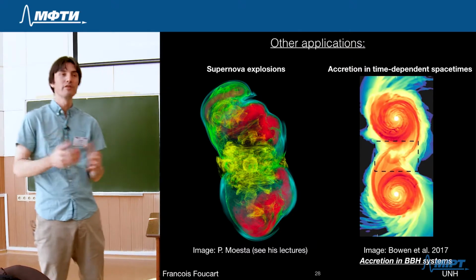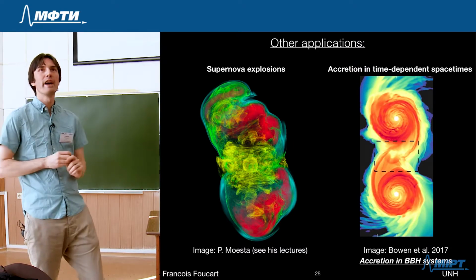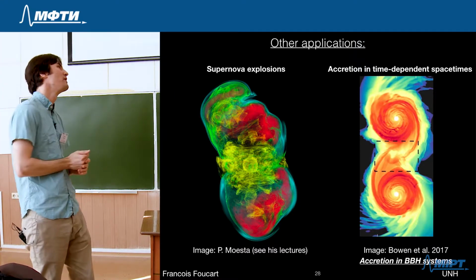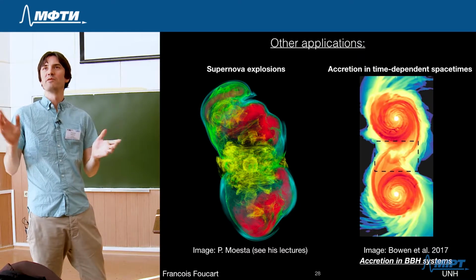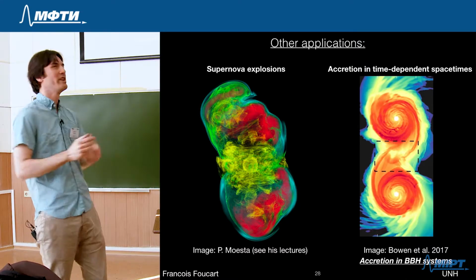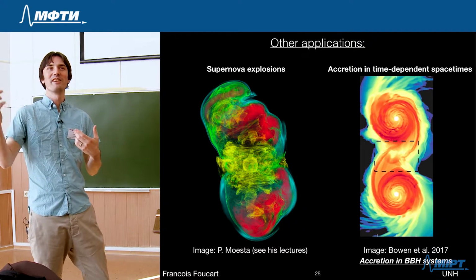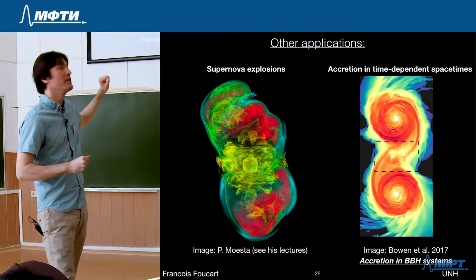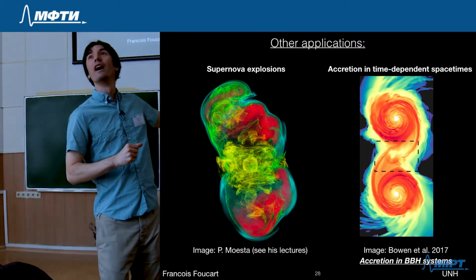If you don't include general relativity, you do get errors in your predictions for which stars do explode and which stars do not. Not that the predictions from simulations are that great at the moment, but we know that there's at least a difference whether you use general relativity or not. And that's something that probably Philip will cover in his own lectures on supernovae.